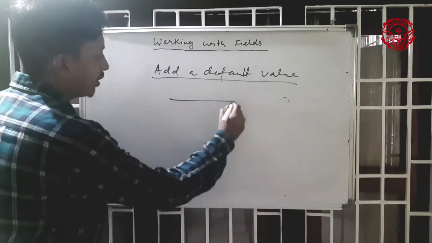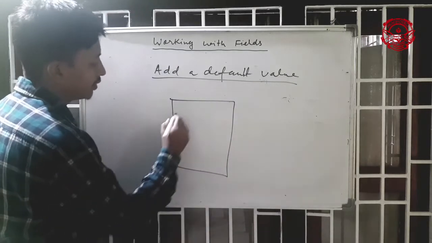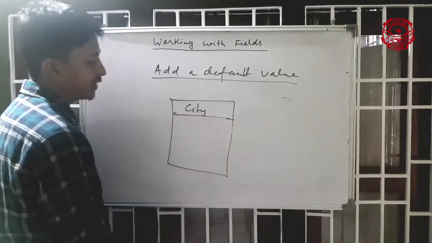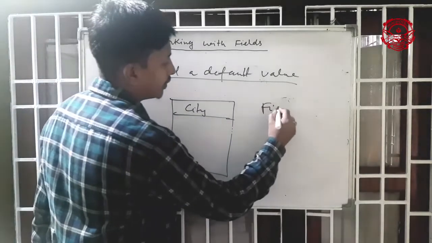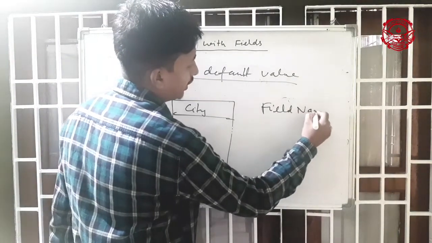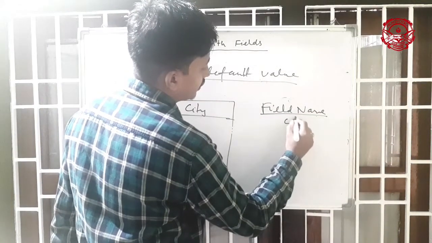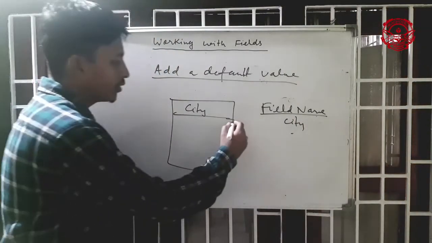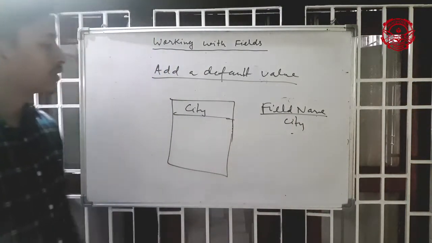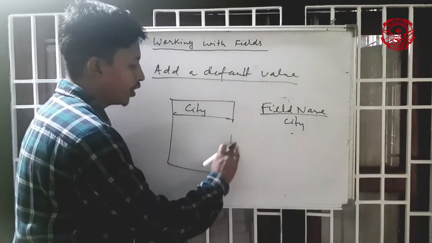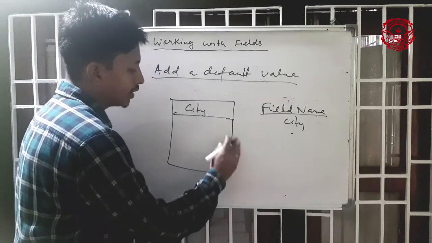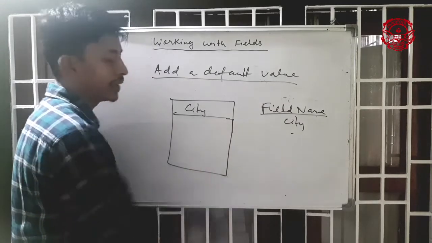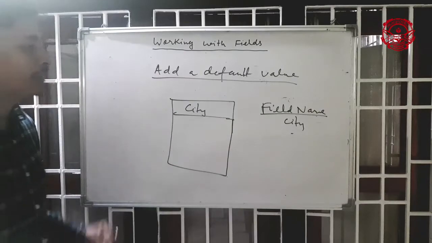For example, say like city field, the field name, city. Sometimes what happens, some users do not want to give the city name, or they are not giving the field name. For example, the city name.